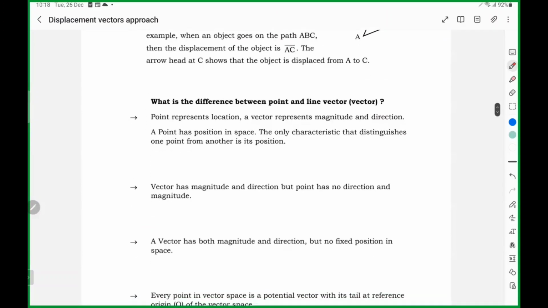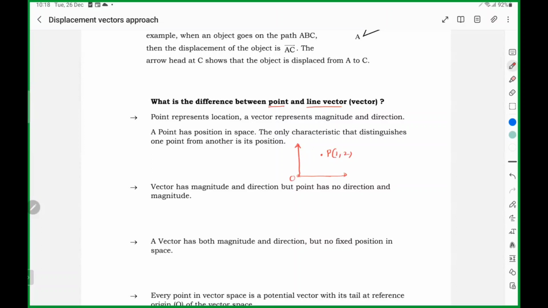Here, very important point in vectors is, what is the difference between point and a line vector? In fact, generally in coordinate system, one reference point we take. I'll write coordinates as 1, 2.